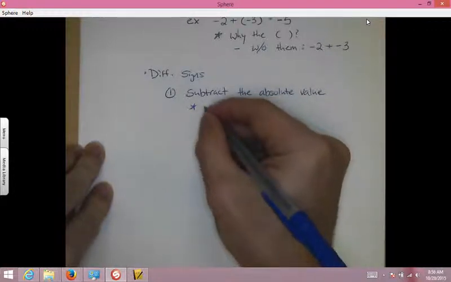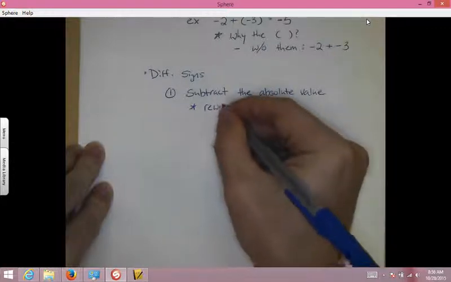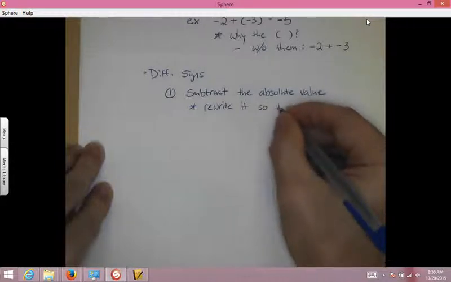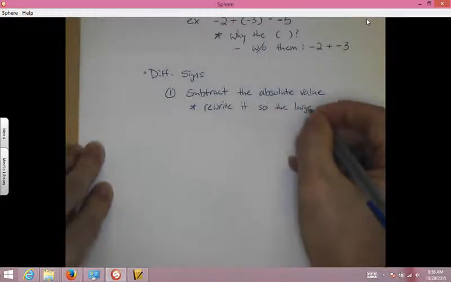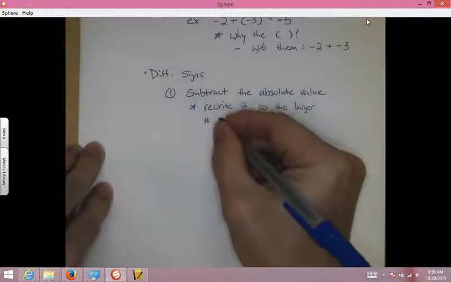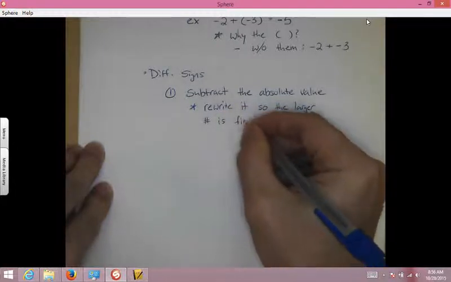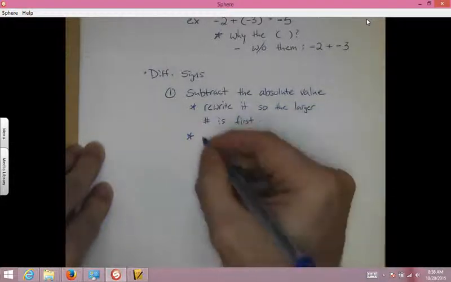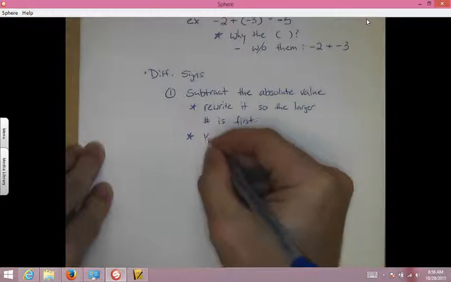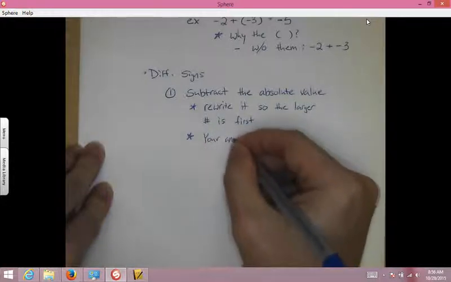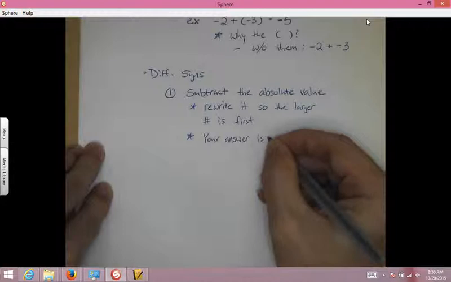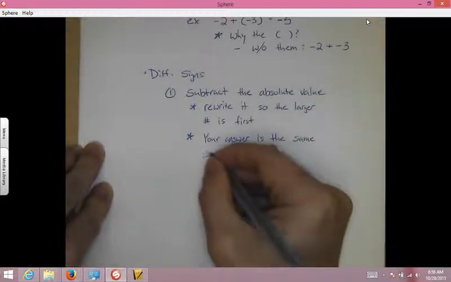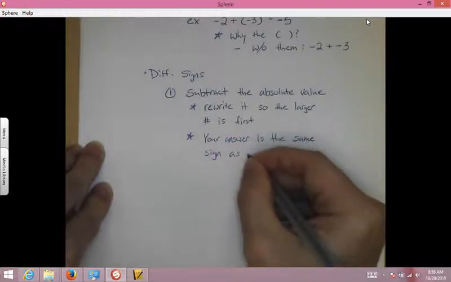So you might have to rewrite it so the larger number is first, and your answer is the same sign as the bigger number.